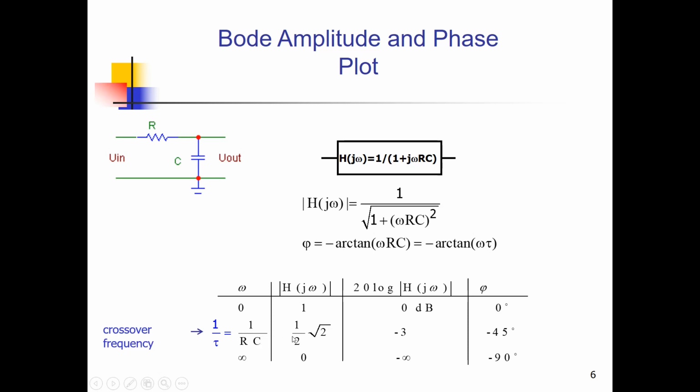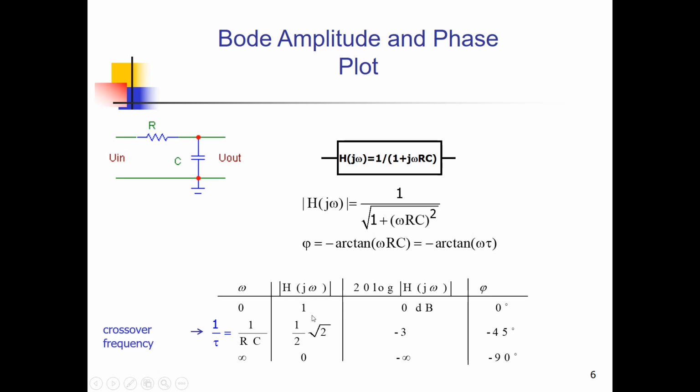But we have seen that we want to use the logarithmic function of the absolute value for drawing the Bode amplitude plot, and we are also going to multiply that by 20. And when we do that, we can derive, based on the values over here, the corresponding values for the Bode amplitude plot.